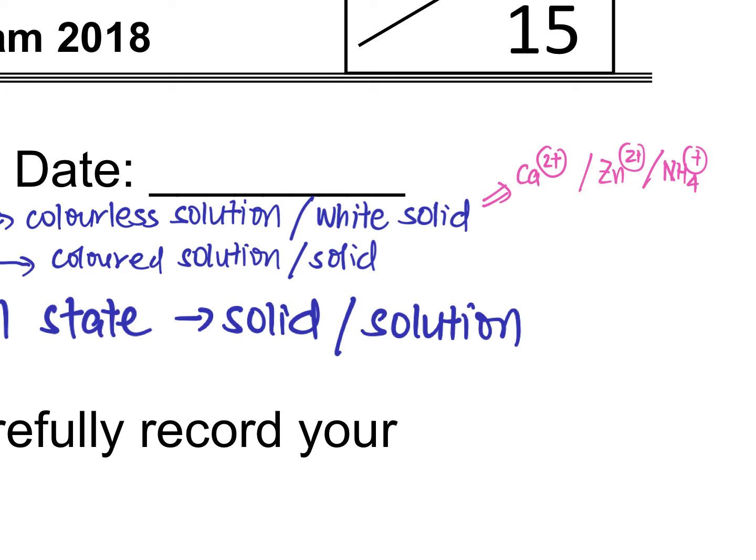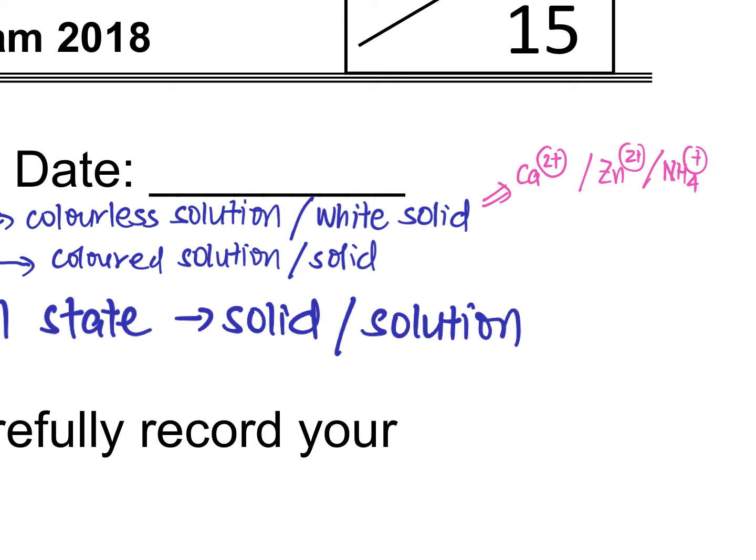Anyway, okay, lead 2+, not tested in practical. I repeat myself, you will never end up with a lead 2+ compound in the lab. It's not tested. Okay, so these are the only 3 possible ions if you are given a white solid or a colorless solution.